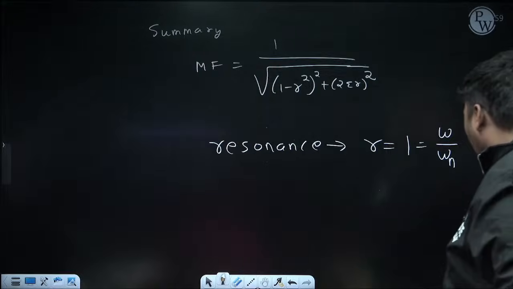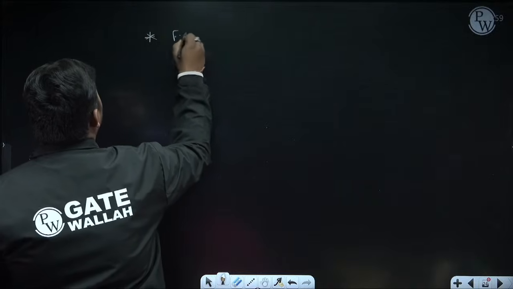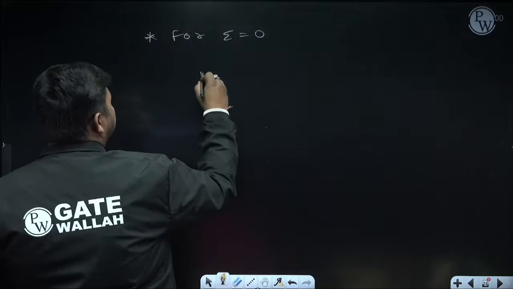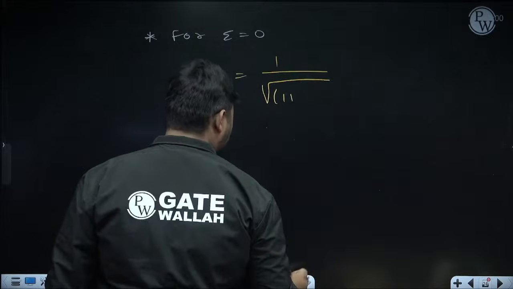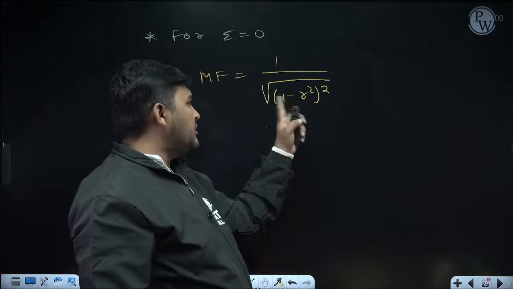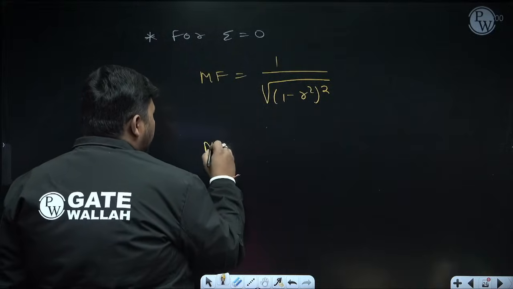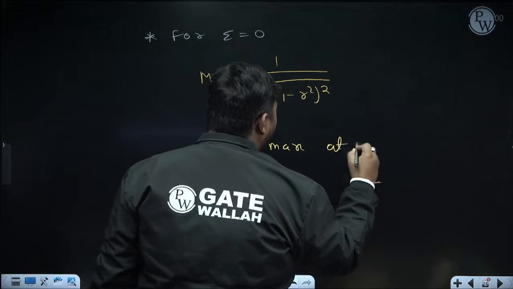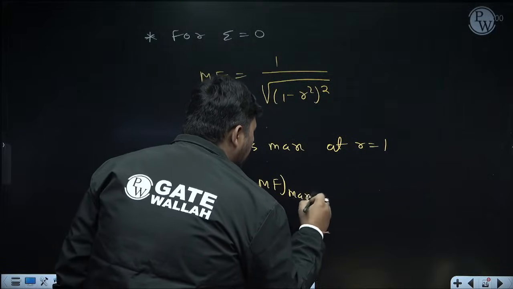Now I am making the final summary with the graph, first for zeta equal to 0. The equation of MF will be like this: square root of (1 minus r square) whole square. You need not remember this; if you put zeta equal to 0, you automatically get this equation. But the important point is, for zeta equal to 0, MF is maximum at r equal to 1, which you can see in the graph also, and the maximum value of MF is infinite.